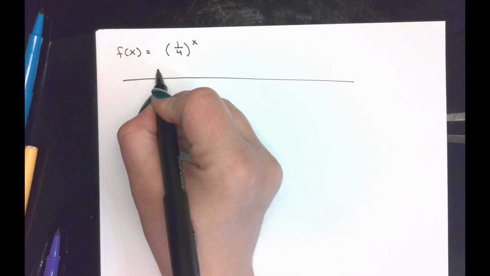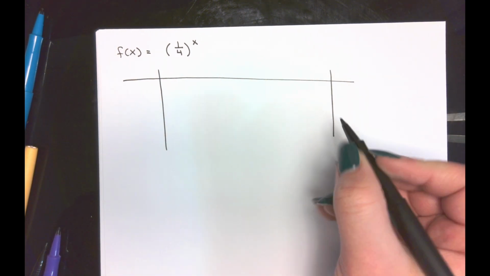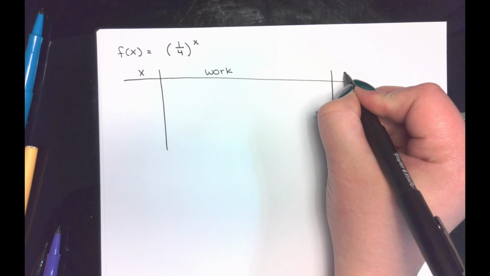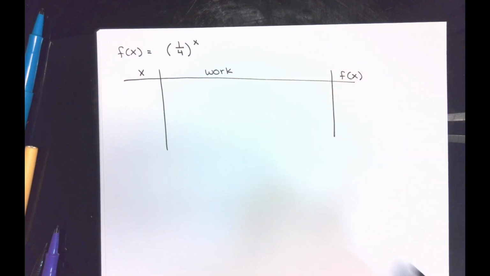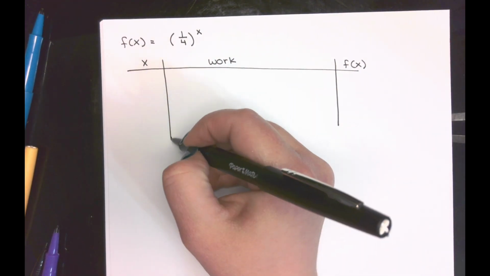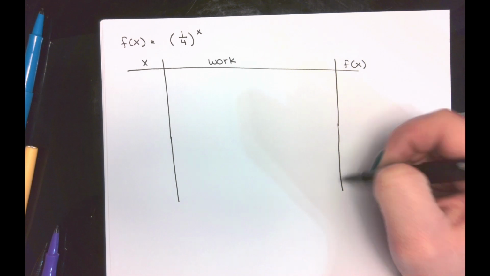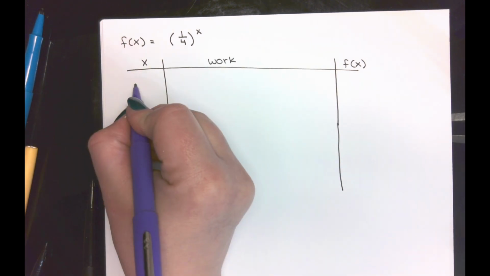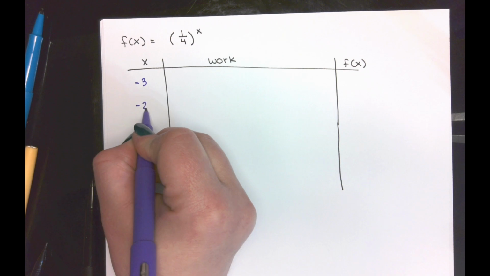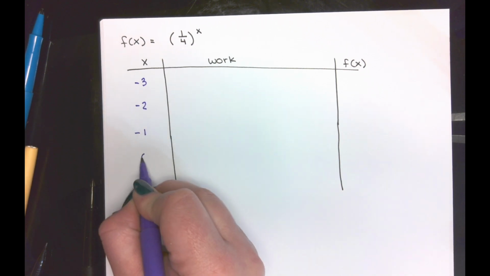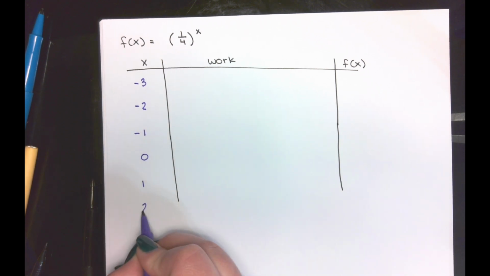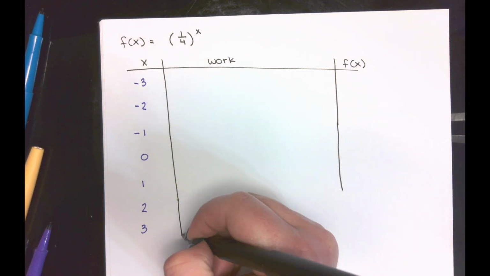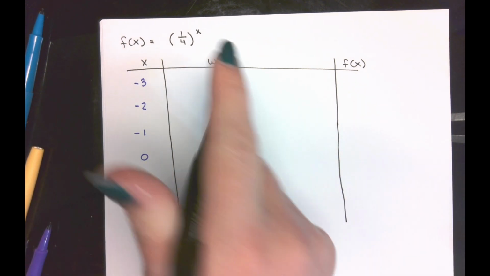Give me a table, with extra space on the inside for some work. We have our input of x and our output of f of x. I'm always using the same numbers like -3, -2, -1. We want some negatives, we want some positives, we want 0. And now we're going to copy the function just like we did.